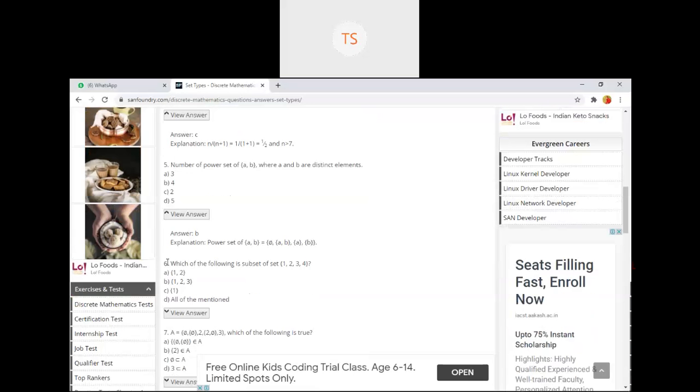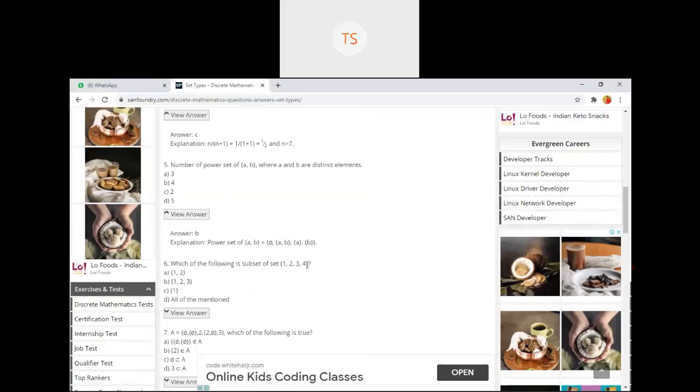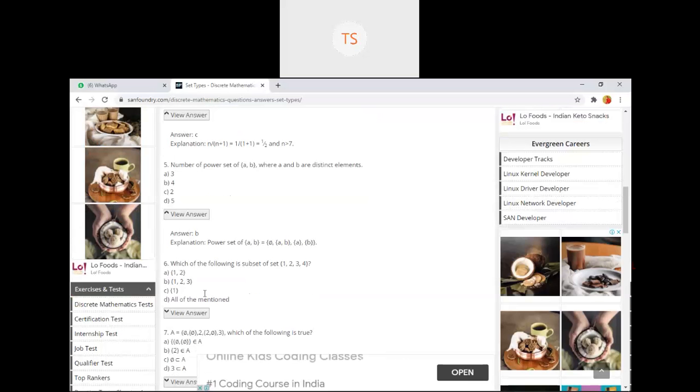Now, question number 6. Which of the following is a subset of the set {1, 2, 3, 4}? You have 4 options. Tell me which are the subsets of this particular set. Option D, ma'am. Yes, correct, all of the mentioned. If I choose 1 and 2, this is a subset.